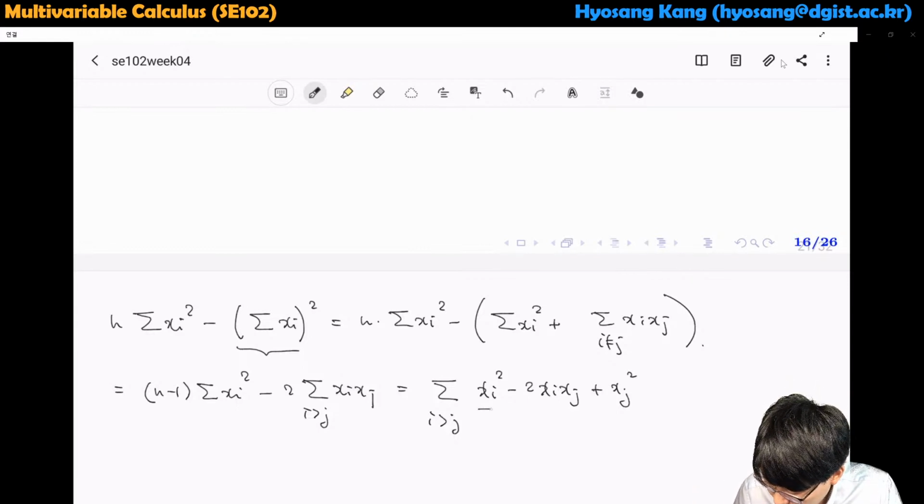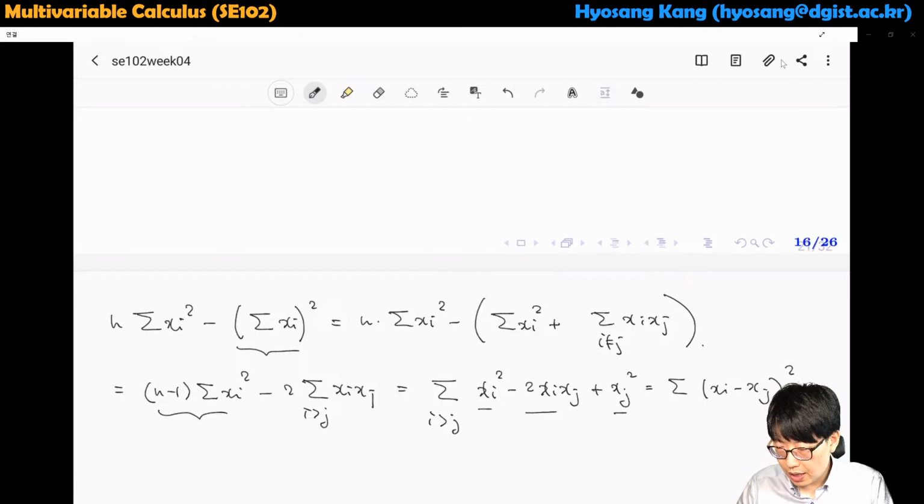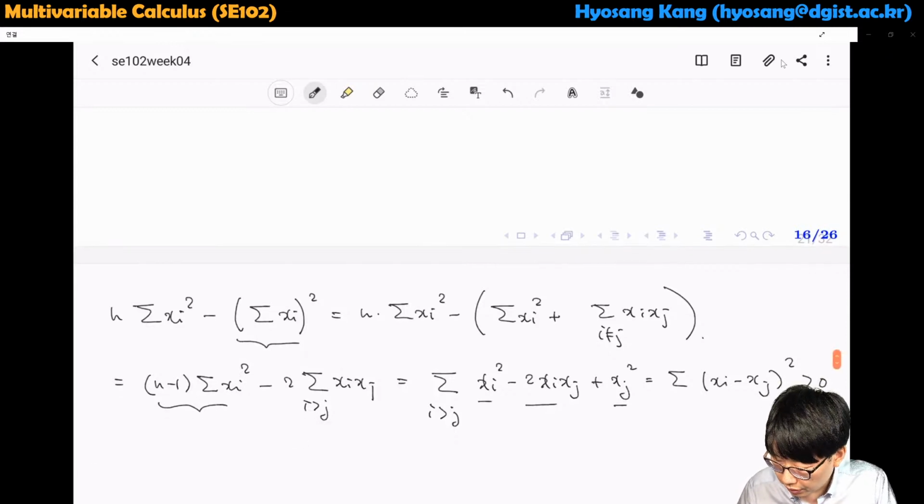I take 2 squares from the first summand here, and then take minus 2xi xj. So then I have (xi minus xj) squared, and a sum of squares is always positive. By doing this, I exhaust all of the n minus 1 times the sum of squares. You can check by yourself. So this is always positive.